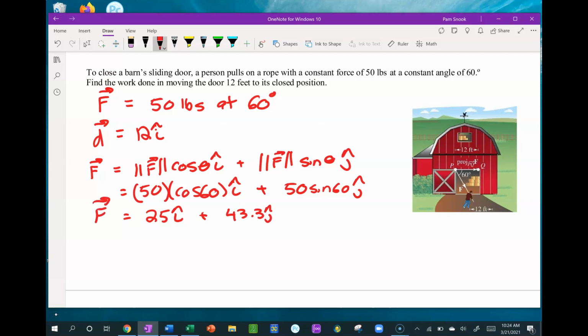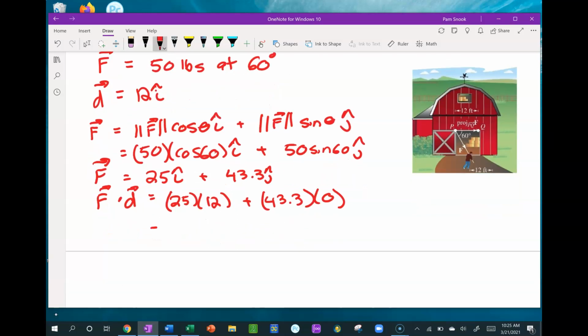So here we have converted our F into component form, and now I'm just going to dot it with the d. So F dot d is going to be 25 times the 12, because those are both in the i direction. I don't have a j for the distance, so I'm going to do 43.3 times 0, because I don't have a j.